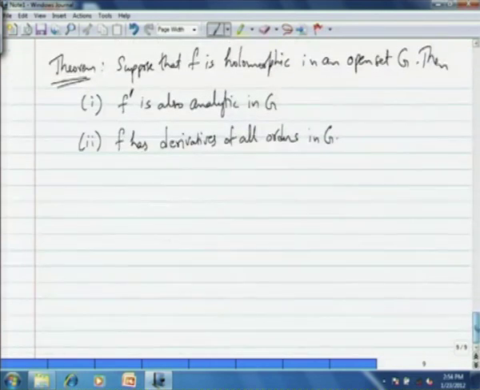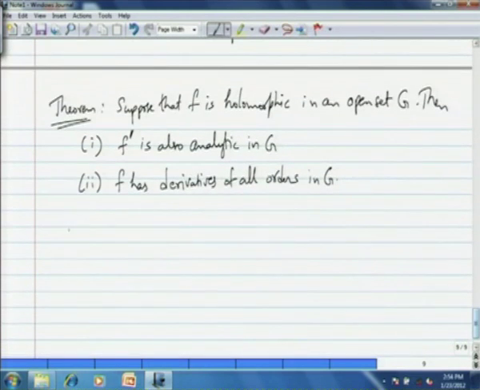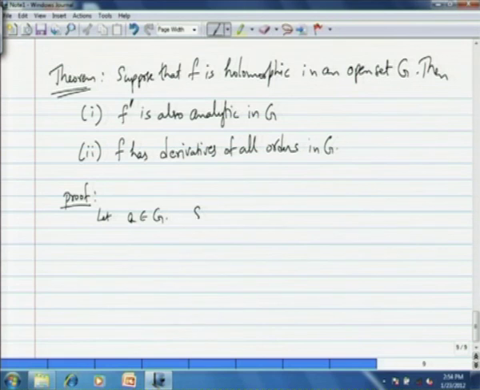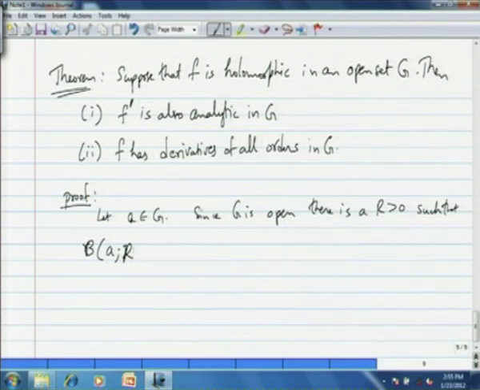So, we have to prove the first statement here. So, let a belong to G. Since G is open, there is a positive capital R such that the ball of radius R around a is contained in G. That is the definition of open set.